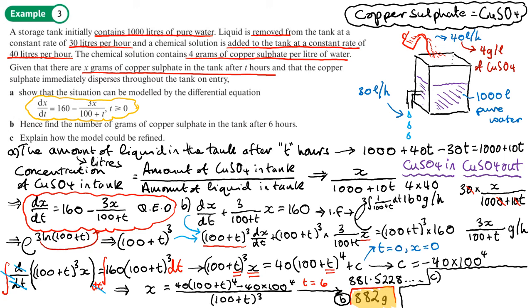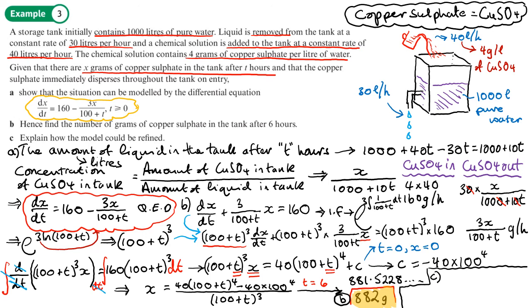So, for example, it was assumed that the copper sulfate immediately disperses throughout the tank on entry. While in reality, it doesn't immediately disperse.